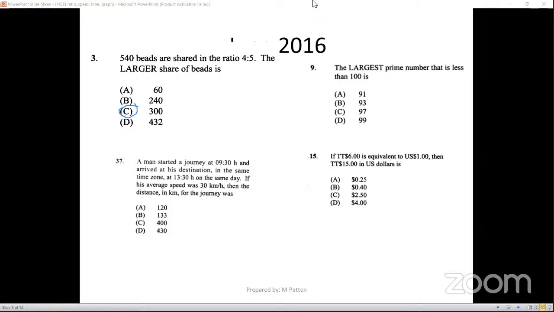If his average speed was 30 kilometers per hour, then the distance in kilometers of the journey was... This time they give us the time traveled and the speed, and they're asking for the distance.